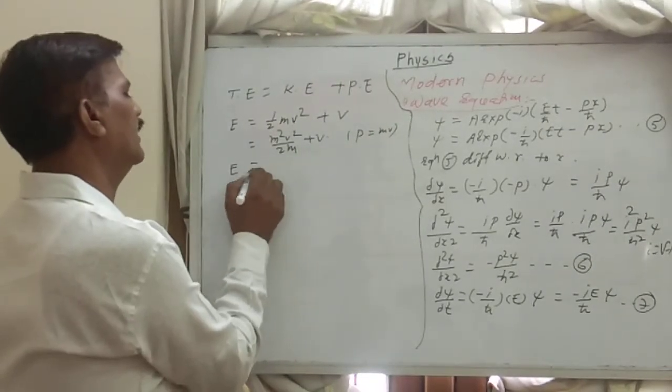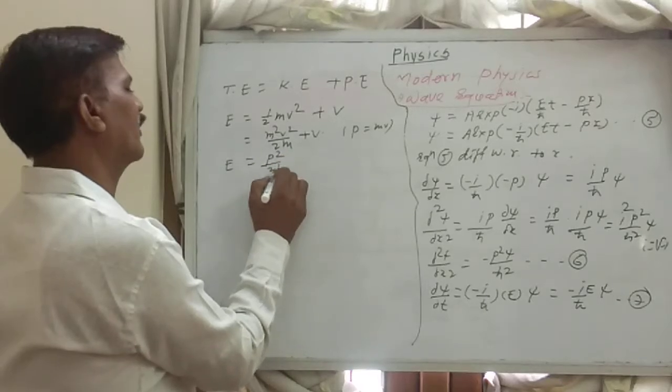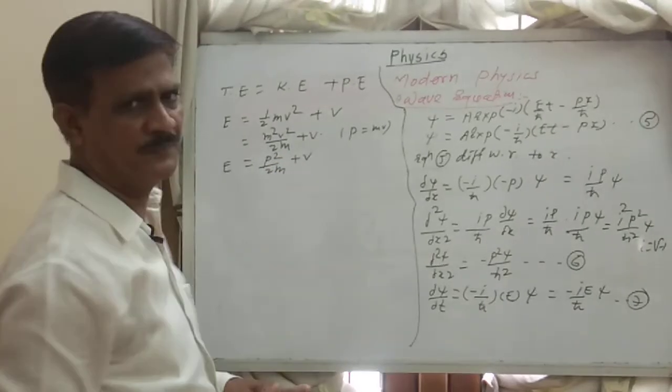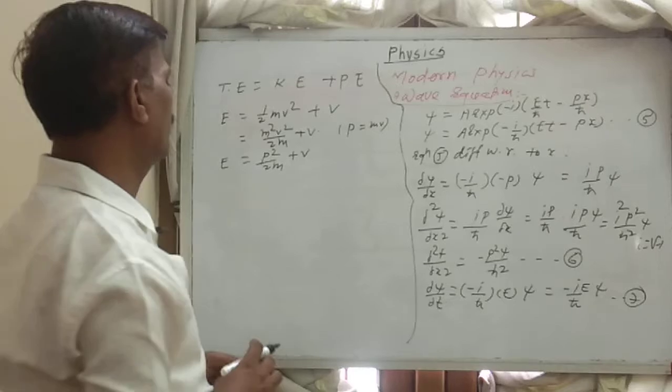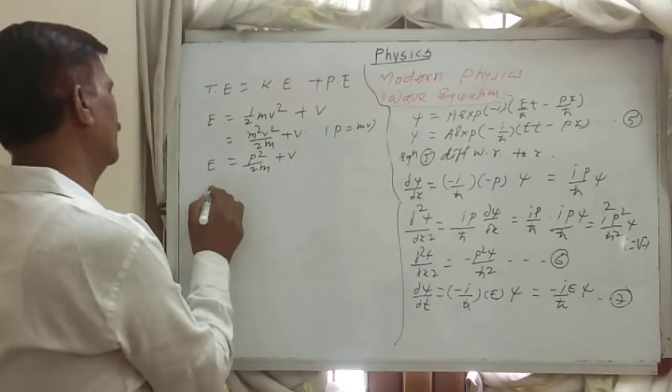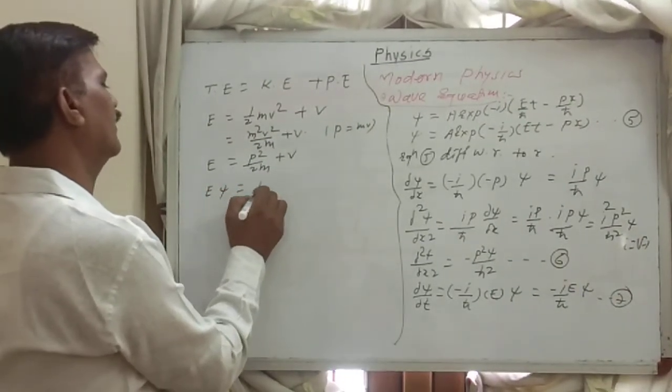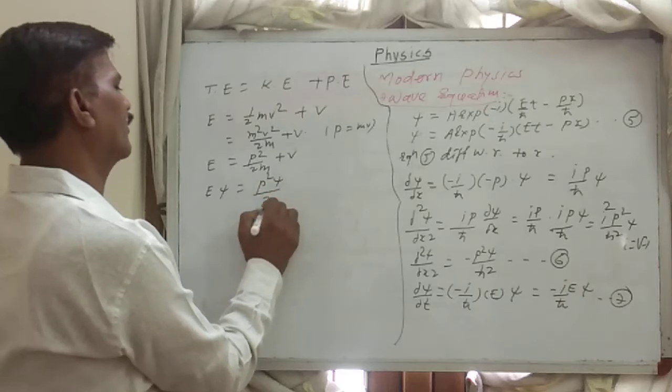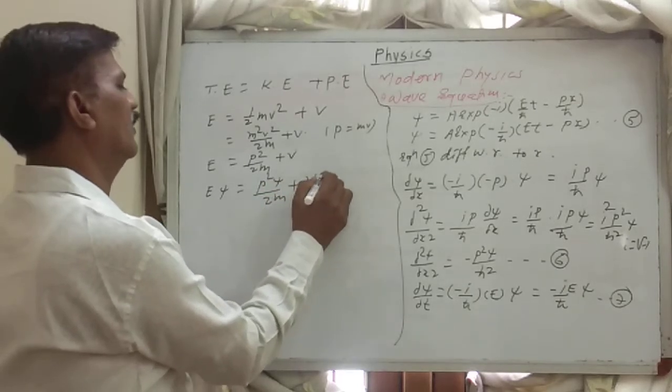We get E equals p square by twice m plus V. Multiplying on both sides by psi, we get E psi equals p square psi by twice m plus V psi.